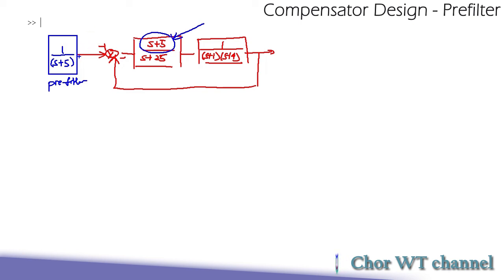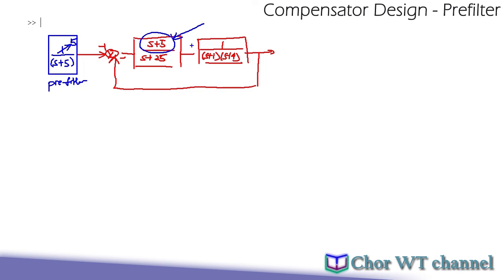So a good rule of thumb here is that if you add the s plus 5 over here, this guy 1 will also have to change to 5. So that when you perform the limit theorem, after you cancel off with the s term over here, it becomes 5 over 5, and then you introduce basically nothing to change the original compensated pole-zero ratio, so that you can maintain your expected steady state performance.